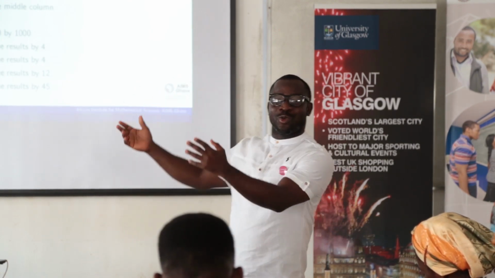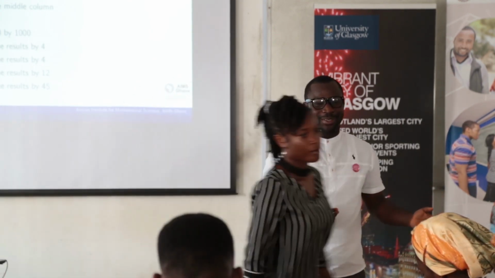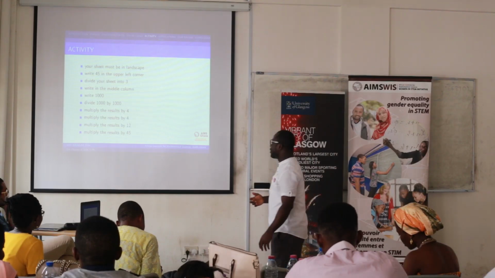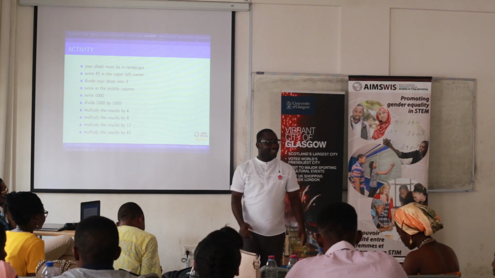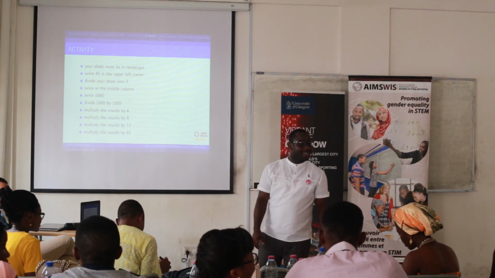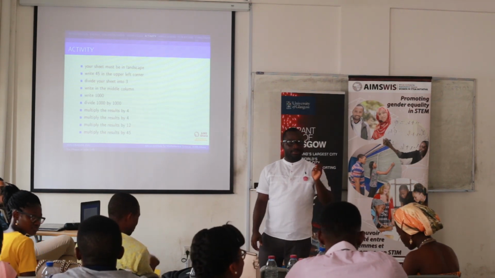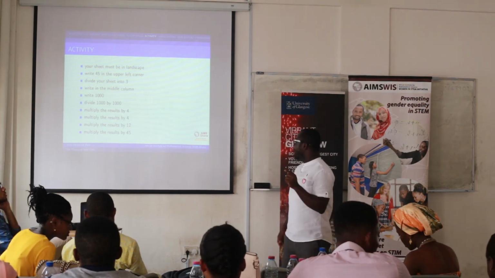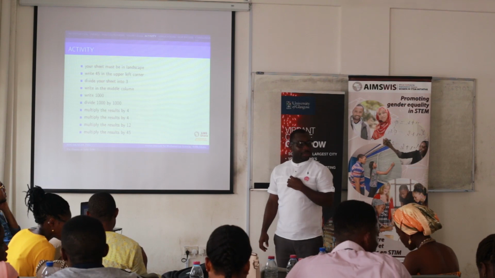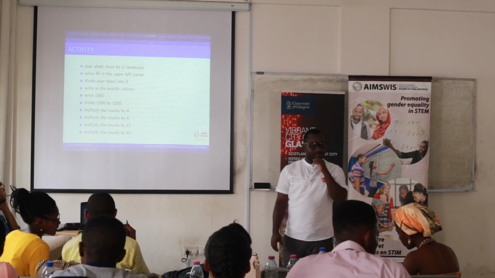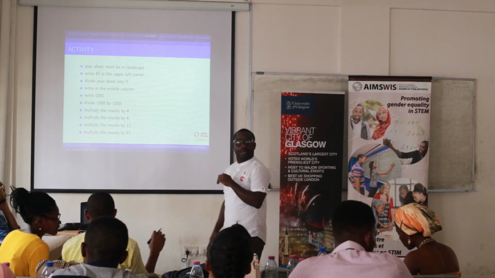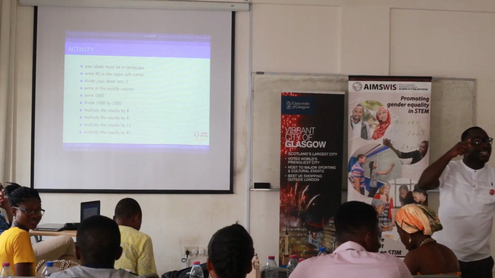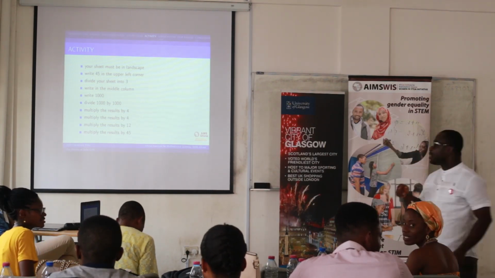If you go to the market women, they will multiply this easily for you. 192 by 45 is 8640.